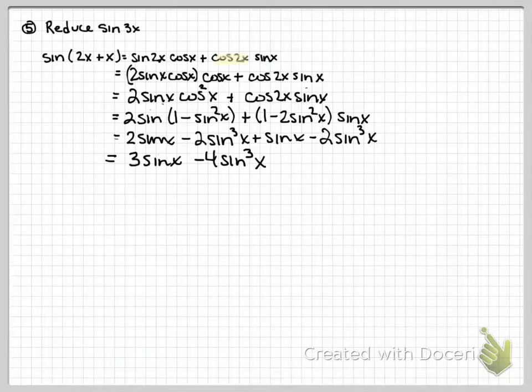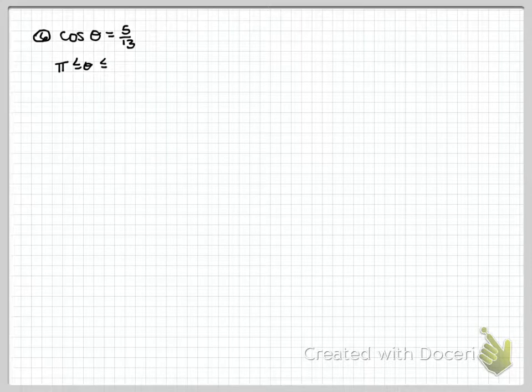Example 6 says, given the cosine of theta is 5 over 13, and that pi is less than or equal to theta is less than or equal to 2 pi. So that's telling us where theta is.